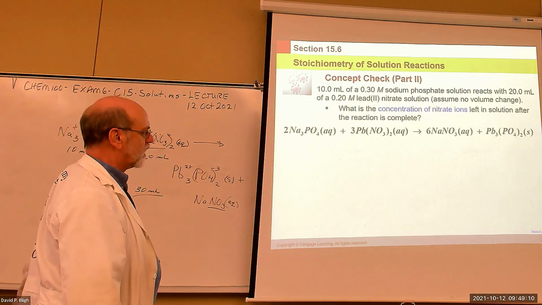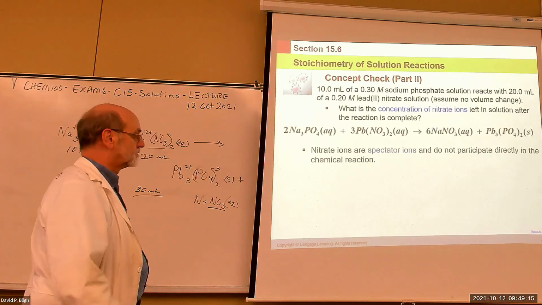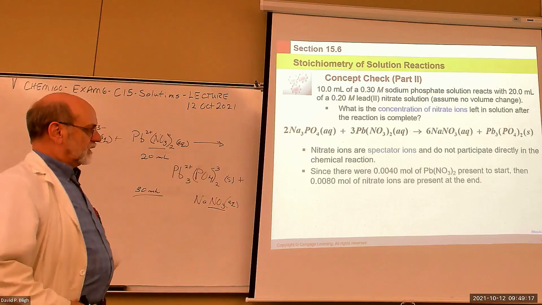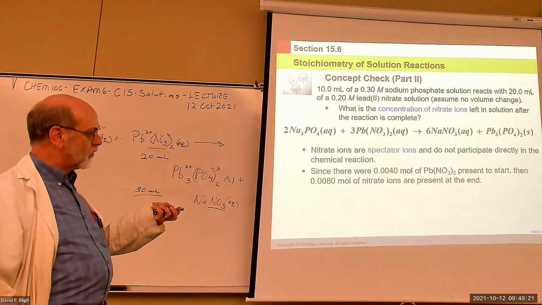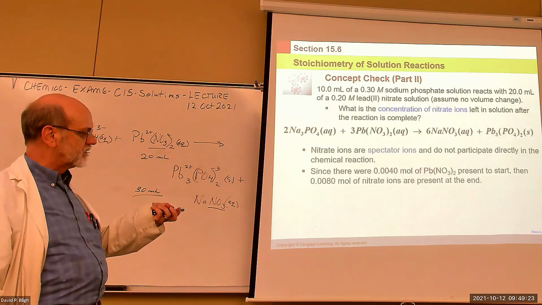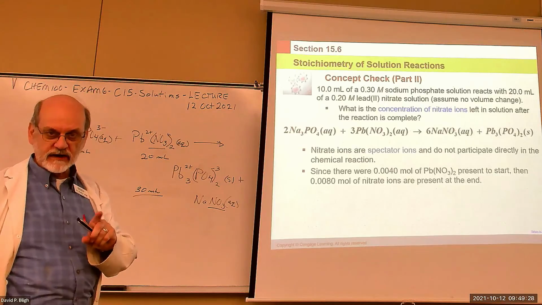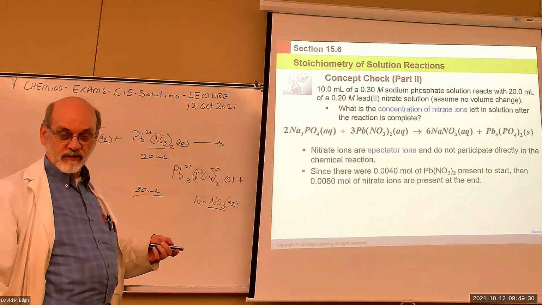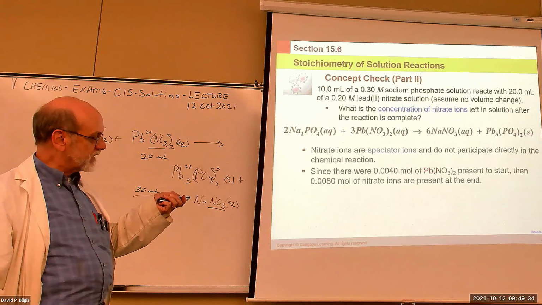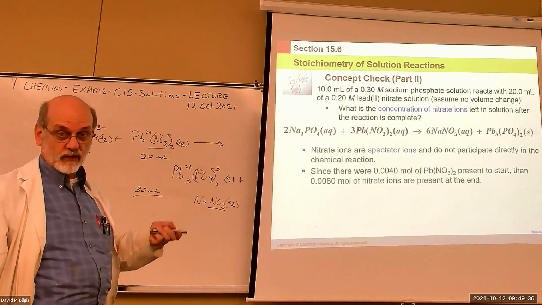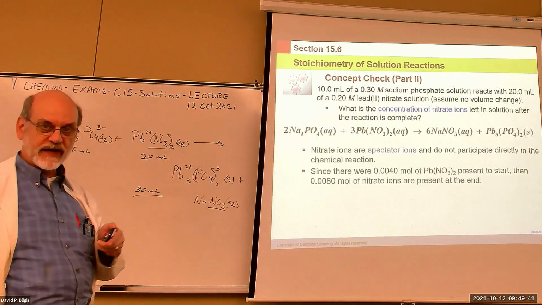So here's our balanced equation again. Nitrate spectators. So if we have 0.0040 moles of lead 2 nitrate at the beginning, how many moles of nitrate do we have at the beginning? Remember our ratios. We have that many moles of lead, but we have twice that many moles of nitrate. So we actually have 0.0080 moles of nitrate.